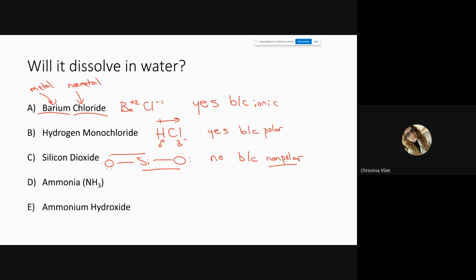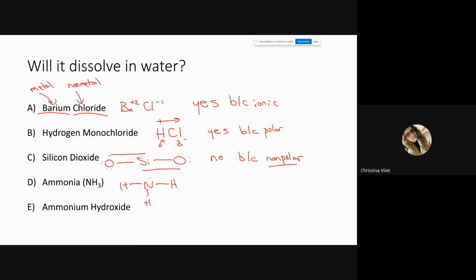Ammonia, which I had to give you the chemical formula for because you have not been asked to memorize that name to formula. The chemical formula for ammonia, which is a household cleaner, by the way, is NH3. Is that going to dissolve in water? The fact that I mentioned the household cleaner kind of gives it away. Household ammonia is 95% water, 5% ammonia, so it is definitely dissolved in water.